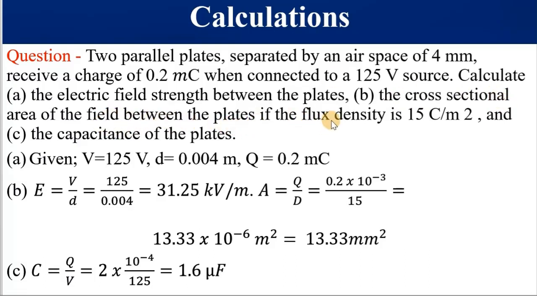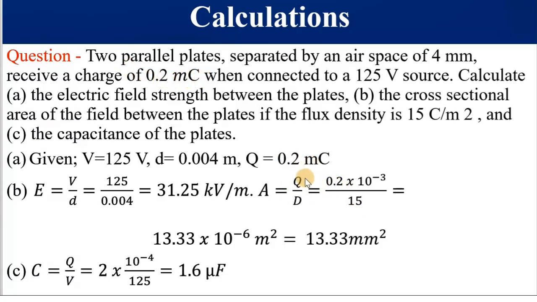We are given flux density is 15 coulomb per square meter. Take note, this is per square meter. And how do you proceed? We know that D is equal to Q over A, so we simply make A the subject of the formula. This is our area in square meters. We are given D, 15 coulomb per square meter, and our charge is 0.2 coulomb.